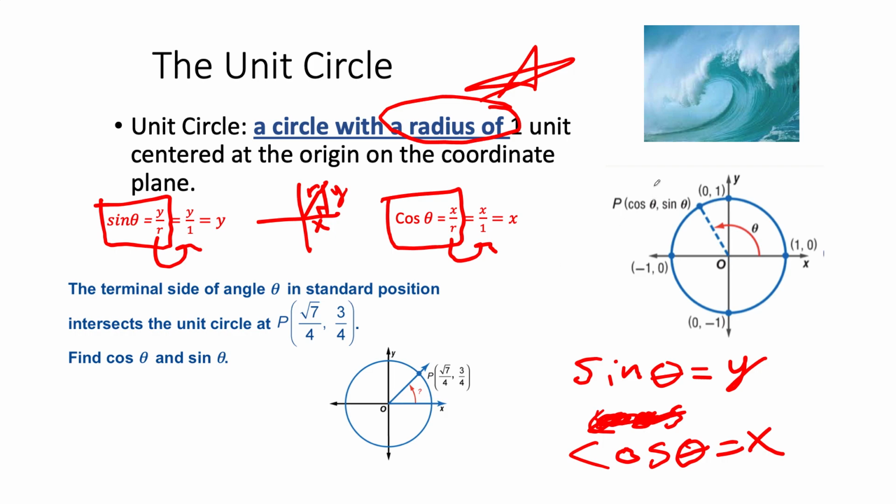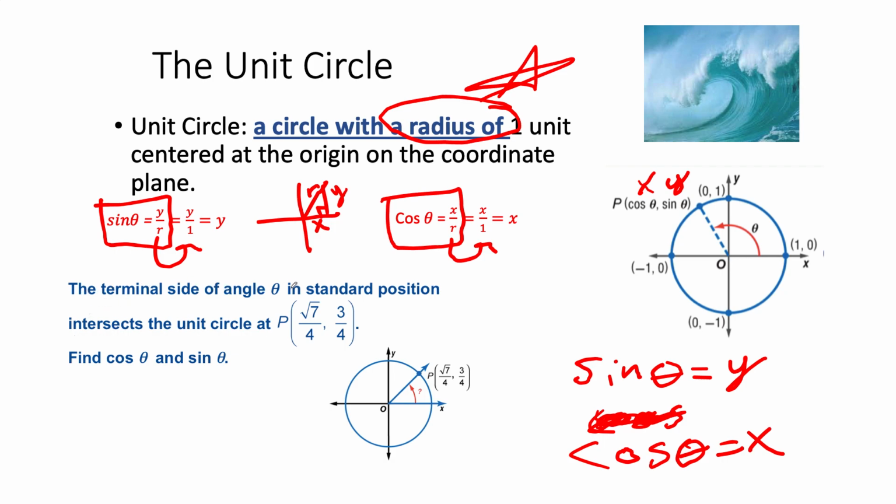So when you look at this little guy over here, instead of an x value and a y value, we actually have the cosine value and the sine value.